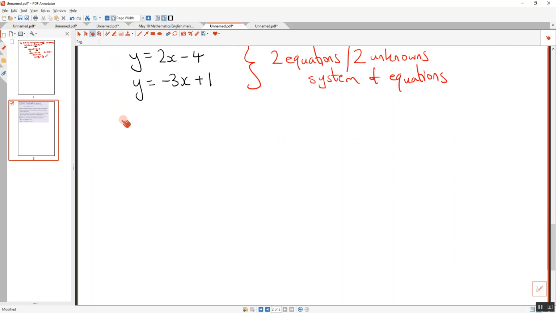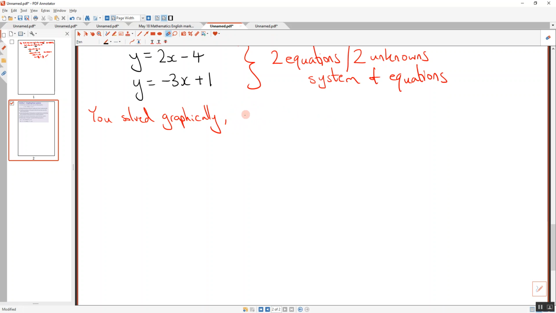Now, you have already solved this graphically, which was good, you did it quick.